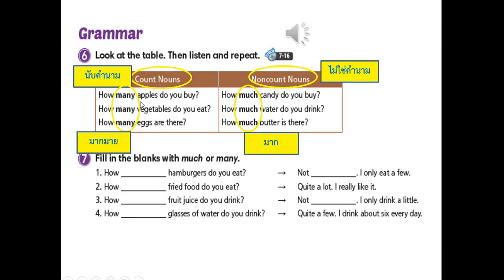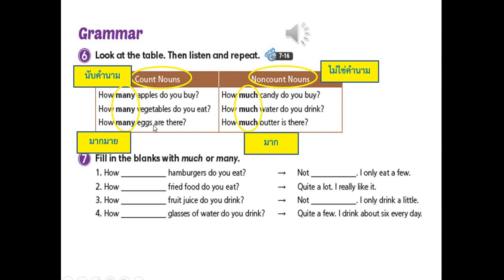So the apples here can be counted, because we have letter S on it. Next, how many vegetables do you eat? So again, our keyword here is the word vegetables. So the same with apples, they have S in the last part of the word. So it can be countable.